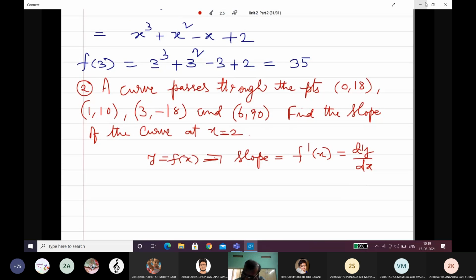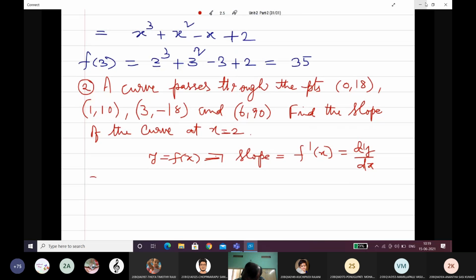Now here, write down the given values. X naught is equal to 0, x1 is equal to 1, x2 is equal to 3, x3 is equal to 6.